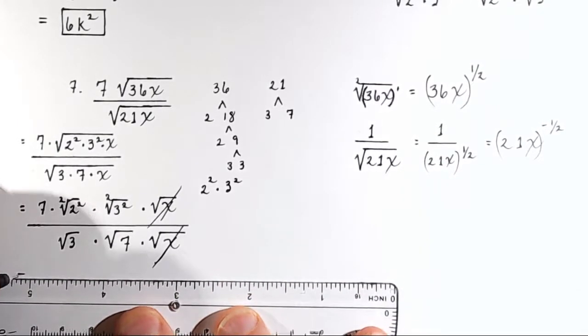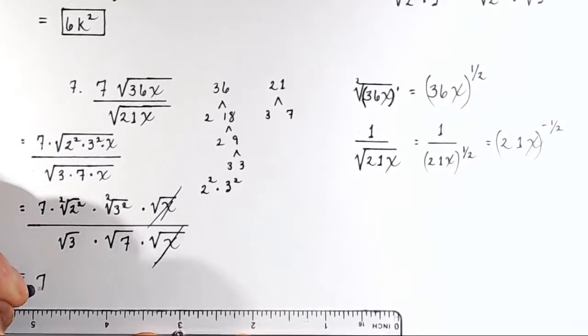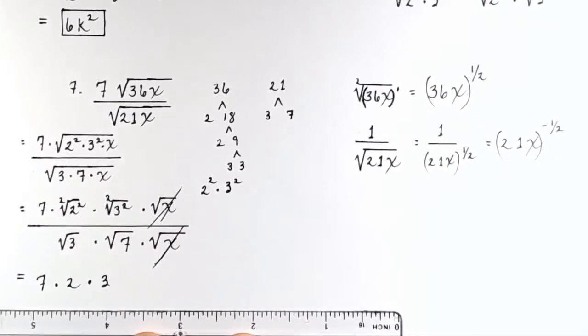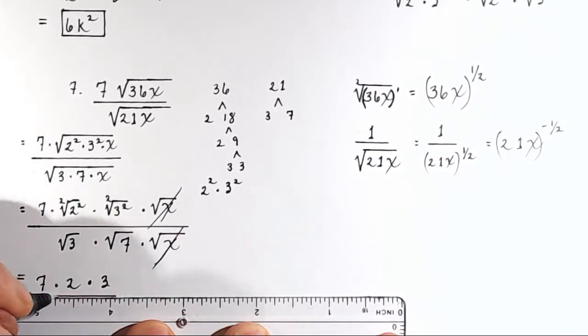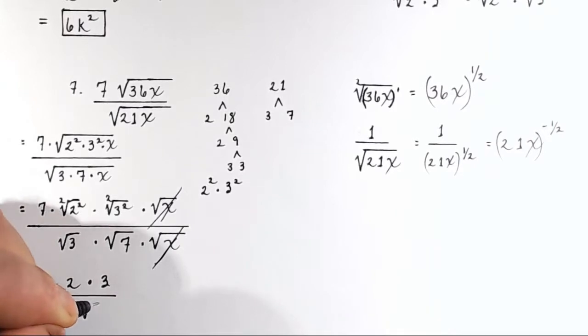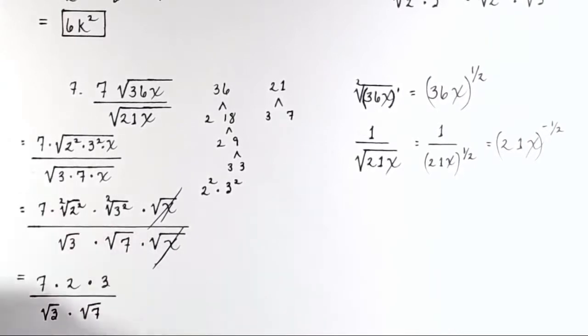So we'll simplify 7 times 2 times 3 over the square root of 3 times the square root of 7.